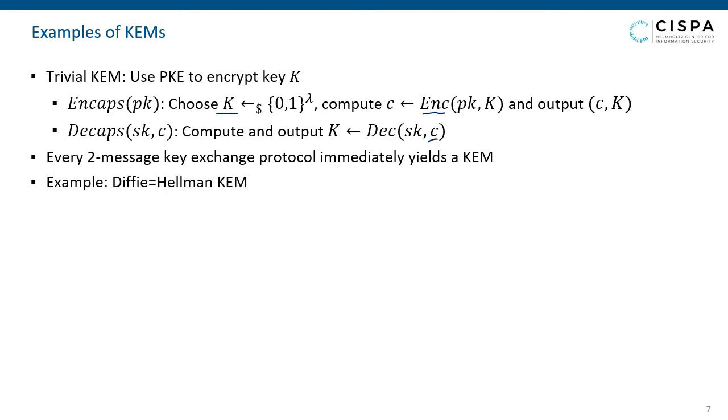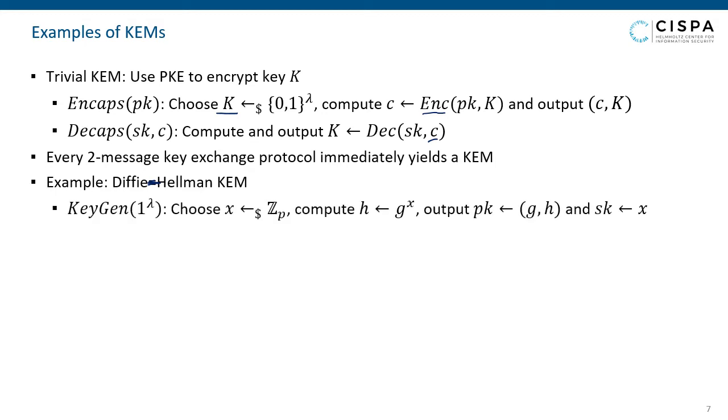And let's consider this with the example of the Diffie-Hellman KEM, or in other words, let's interpret the Diffie-Hellman key exchange protocol as a key encapsulation mechanism. So here the keygen algorithm chooses a uniformly random x in Z_p, computes h as g to the x, and outputs (g, h) as the public key, and x as the secret key.